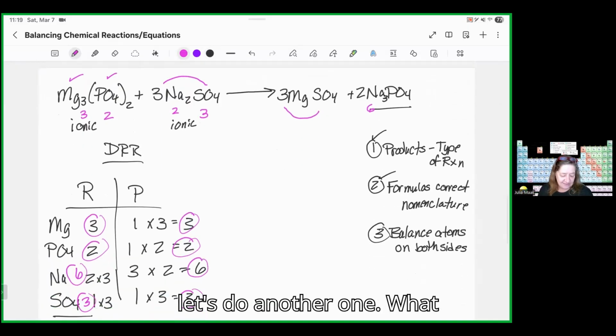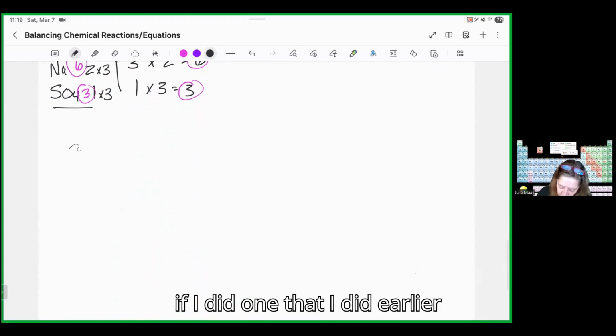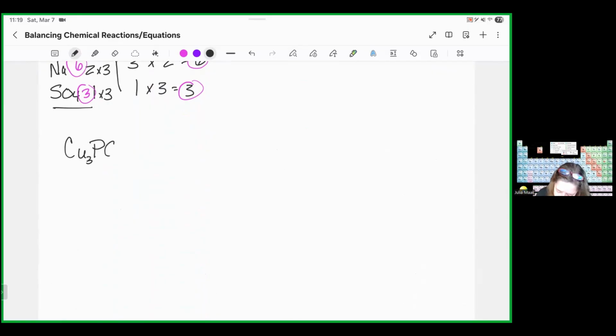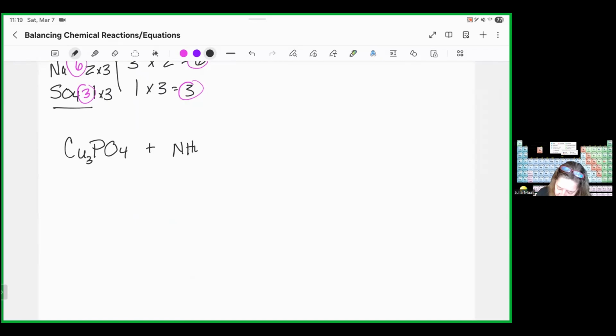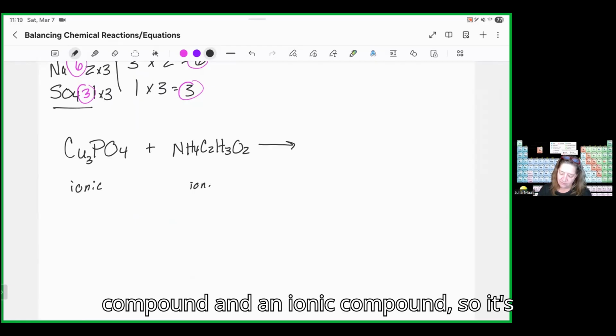Okay, so let's do another one of these. So what if I did one that I did earlier where I did copper 1 phosphate and ammonium acetate. Okay, so again, I have an ionic compound and an ionic compound.